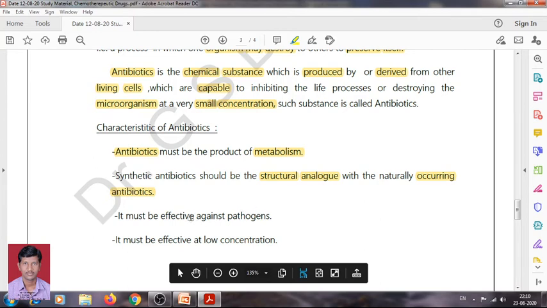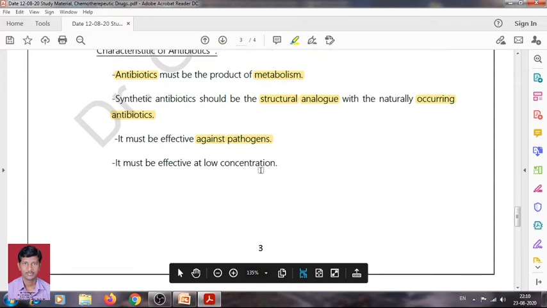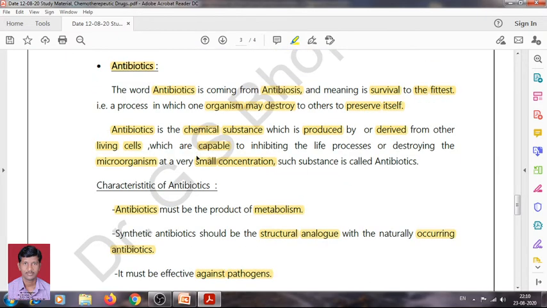And the antibiotic must be effective against the pathogen, and work most effectively at low concentrations. This is about the antibiotic.